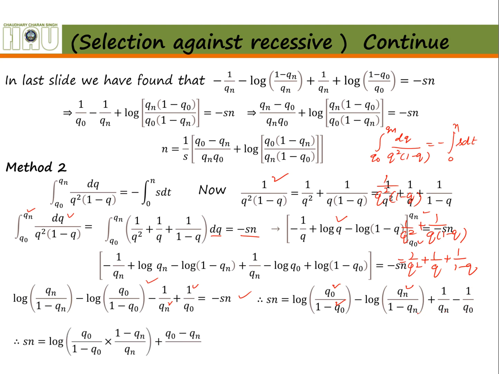If I simplify it, ultimately I will get the expression as we got in the previous method. So n is equal to 1 by s log of q0 1 minus qn upon qn 1 minus q0 plus q0 minus qn upon q0 qn.